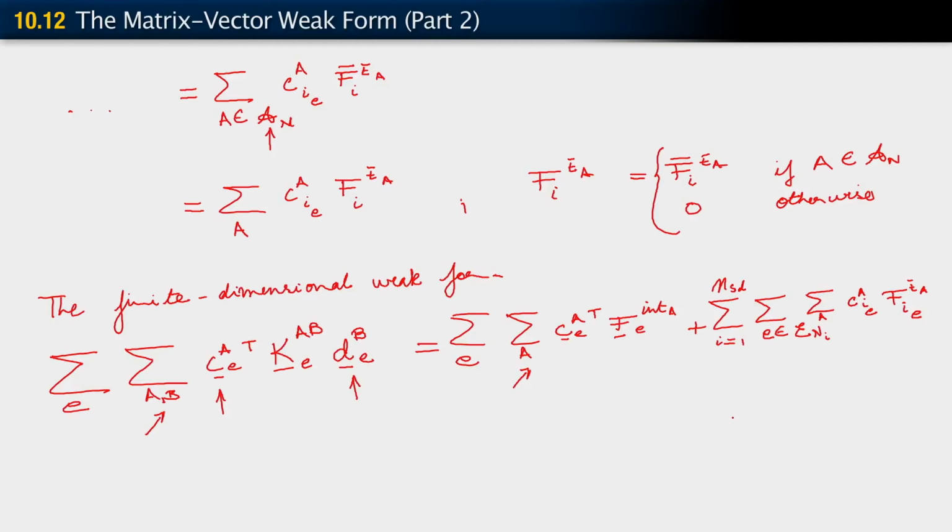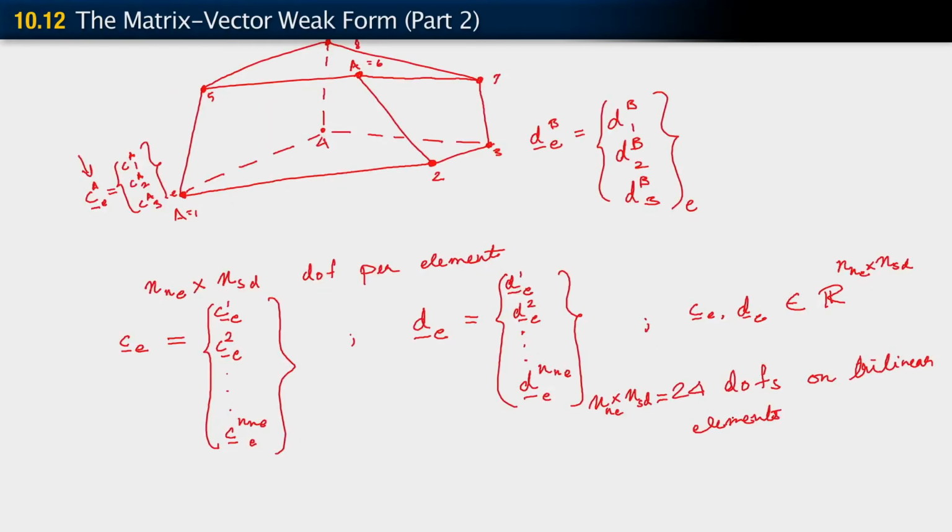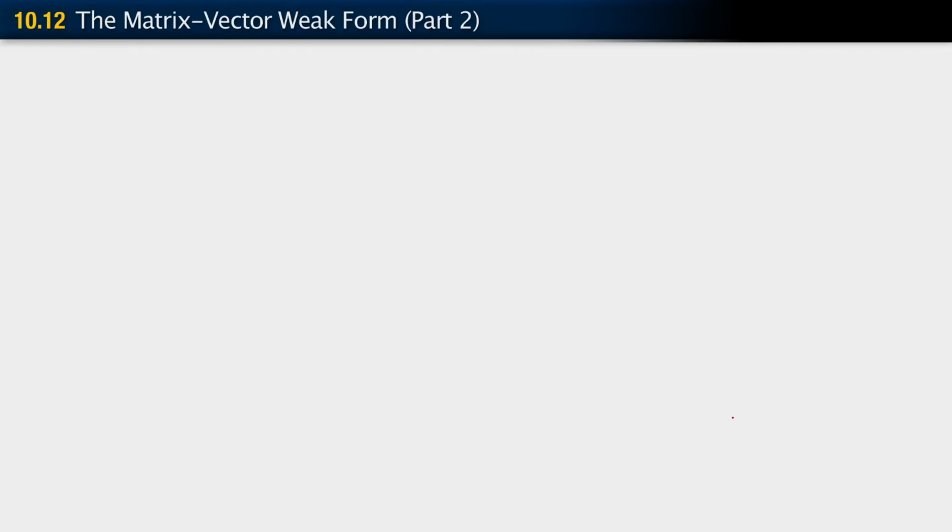Okay, so doing all this, what we get is the following. Now the finite dimensional weak form.